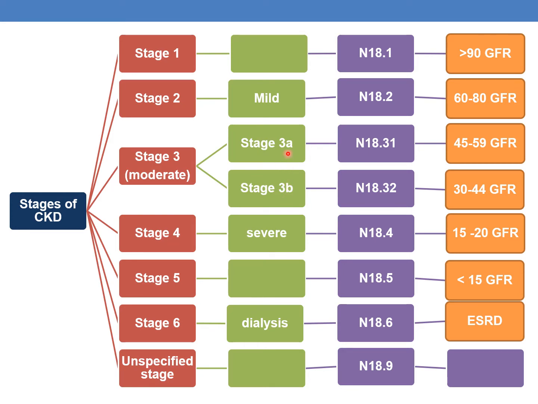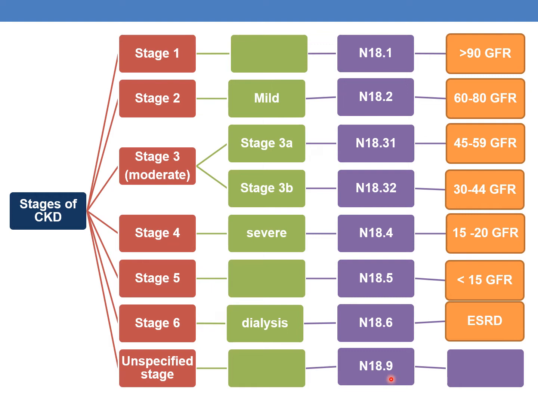Stage 3A is given by N18.31 and Stage 3B is given by N18.32. Stage 4 is given by N18.4 and Stage 5 is given by N18.5, and end stage renal disease or Stage 6 is given by N18.6 and unspecified stage is given by N18.9.